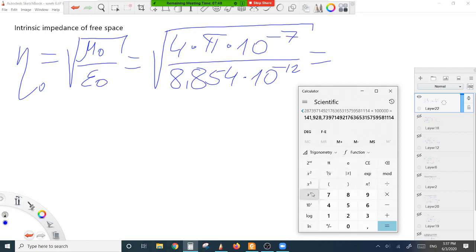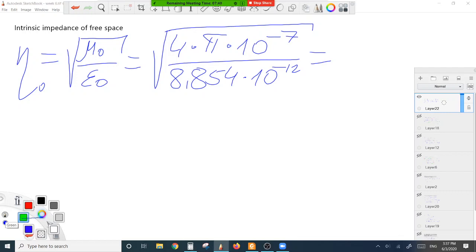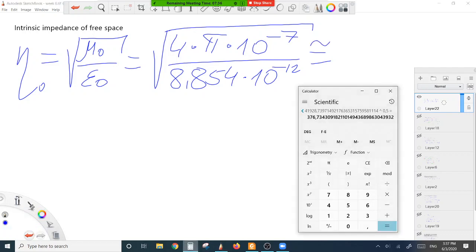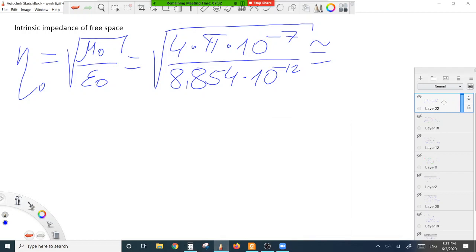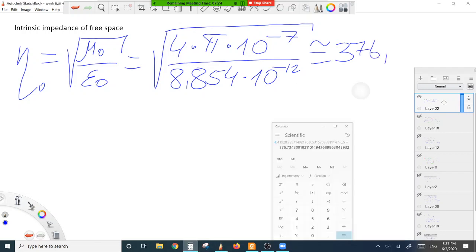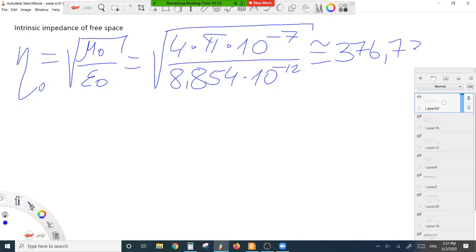The square root of this will be approximately 376.73 ohm.